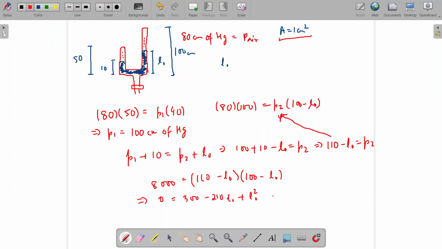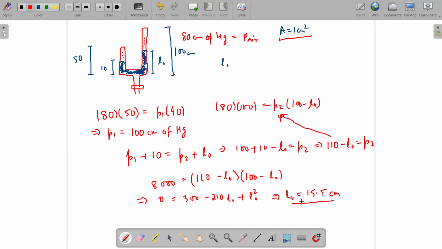This is a quadratic equation. It will have both roots positive. One value will be much more than 100, the other value is less than 100. So that would be what is acceptable for us. That second value is some 15.49, so we'll approximate it as 15.5 centimeter.